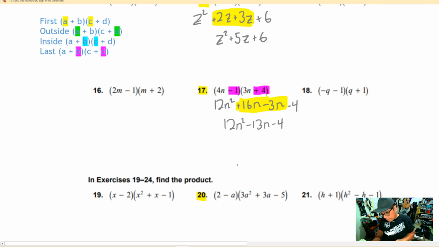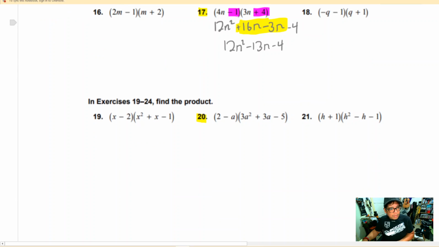And then finally, we're just going to do one of these. We're going to be multiplying this product. And this kind of works a lot like distribution. So what I'm going to do is take this 2 and distribute it to everything. So this is 2 times 3a squared, that is 6a squared.